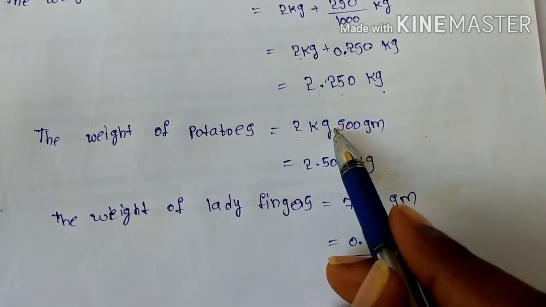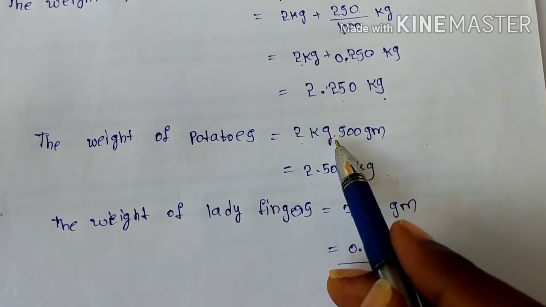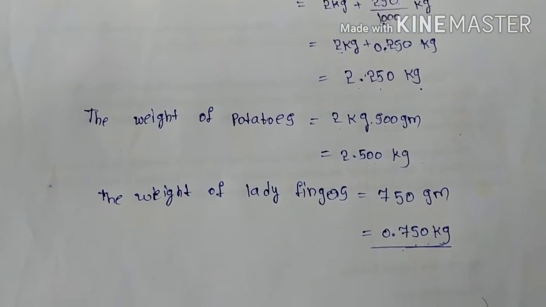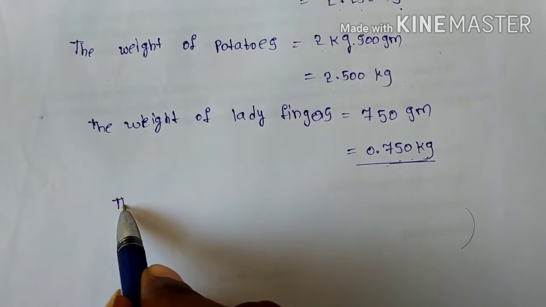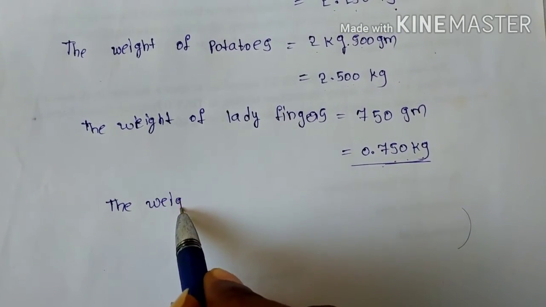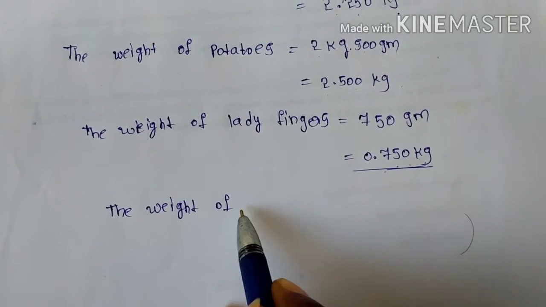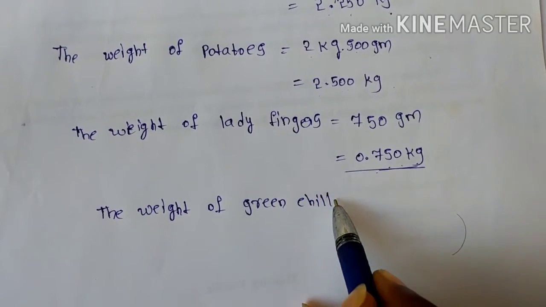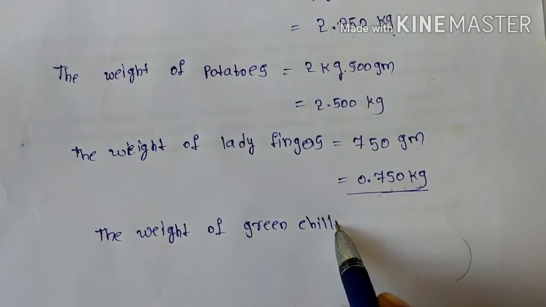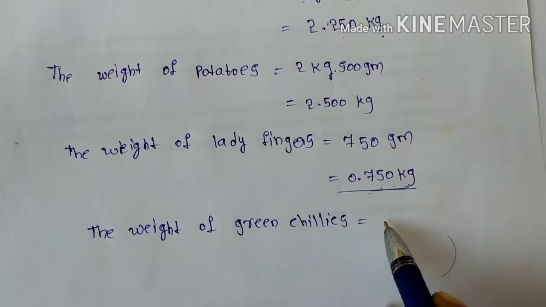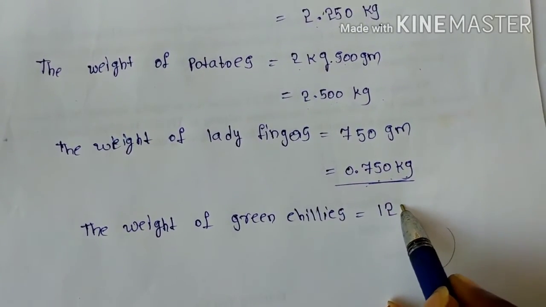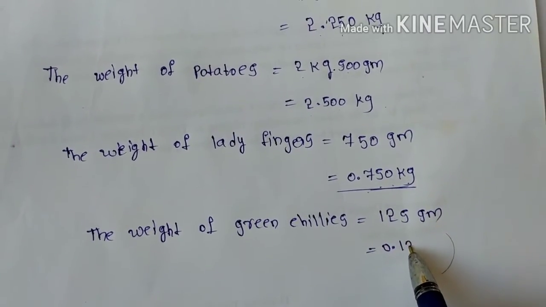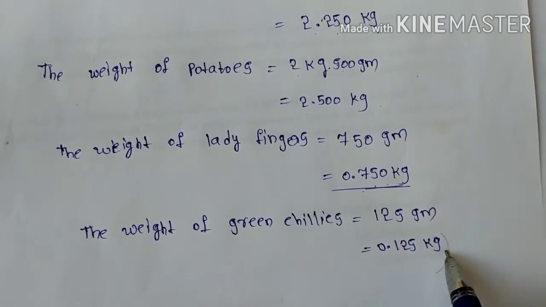Next, the weight of one more thing here, green chilies. The weight of green chilies is equal to 125 grams, that means you can write here 0.125 kilograms. Yes or no?